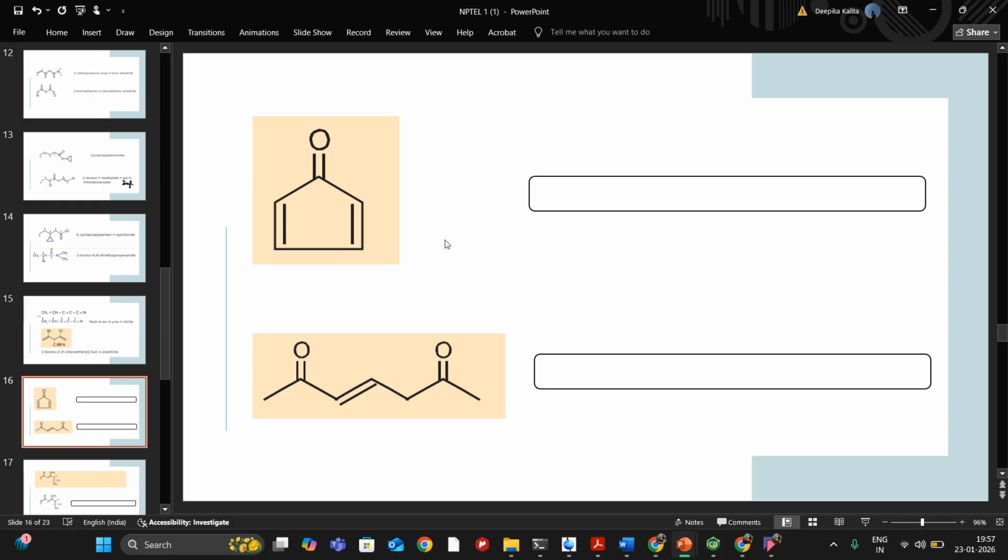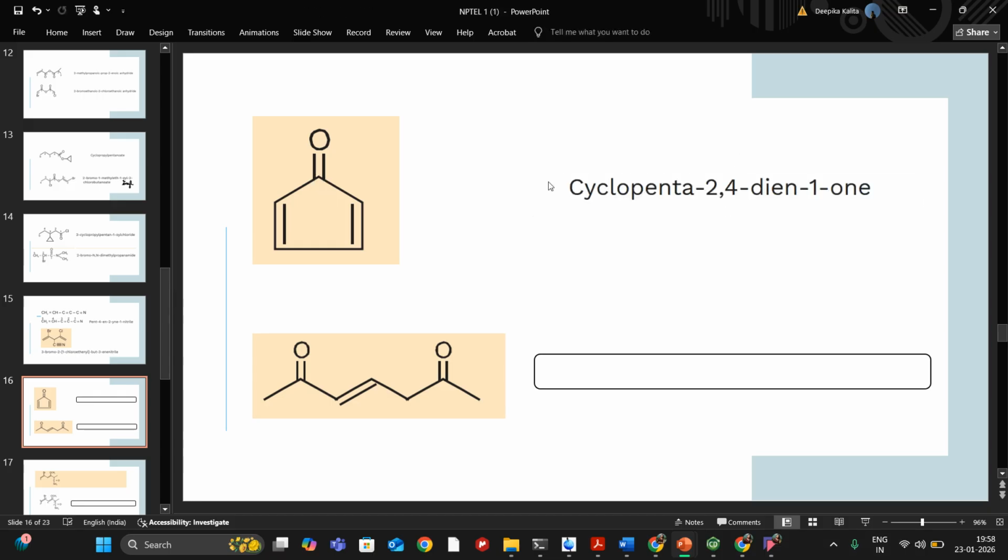Okay, so I have mentioned one cyclopentanone molecule here, which is having 2 double bonds inside the ring. Okay, always assign higher priority to the functional group here as well. So we will start from the carbon atom which is the carbonyl group.